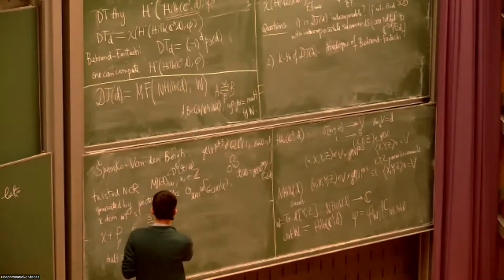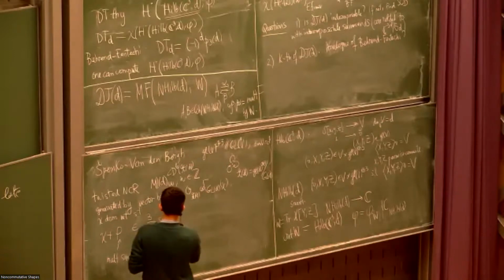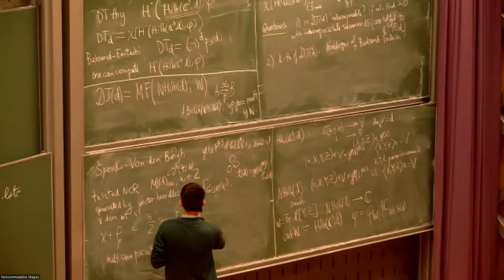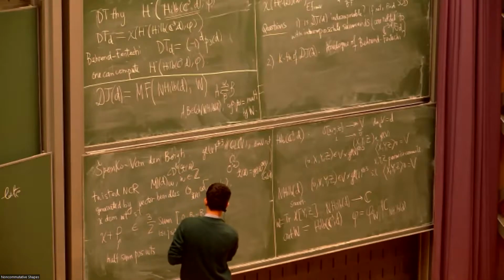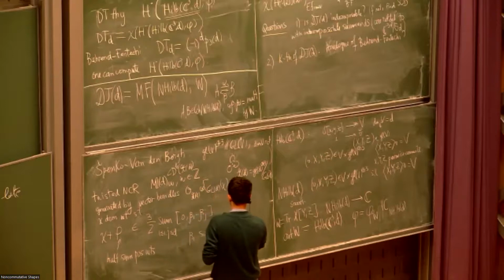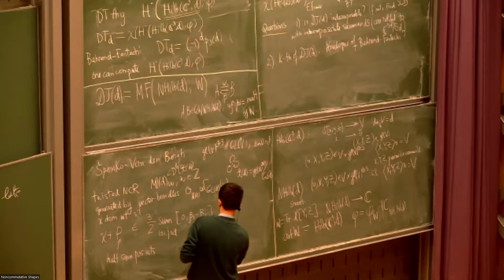So it's 3/2 times the sum of the intervals [0, beta_i minus beta_j]. Here these beta_i are sort of simple roots, beta_1 up to beta_d.